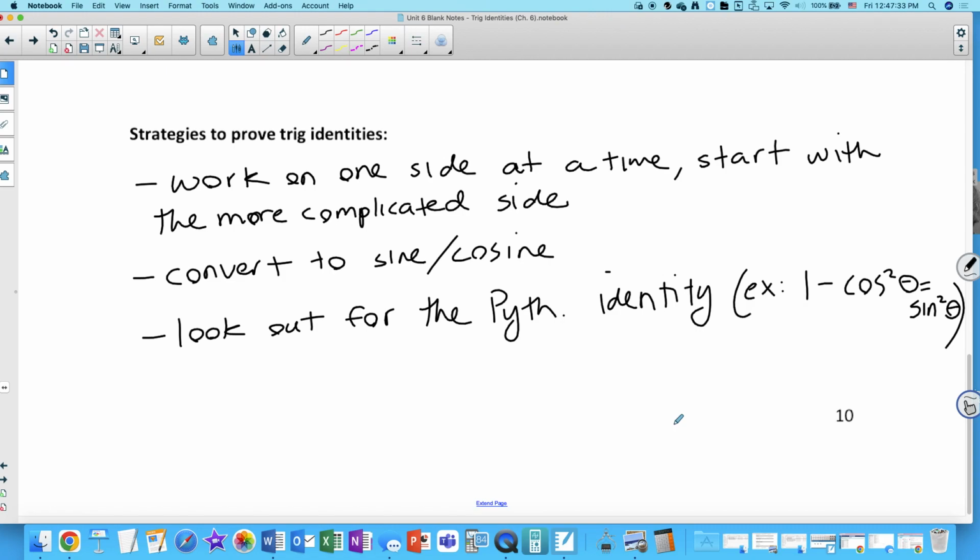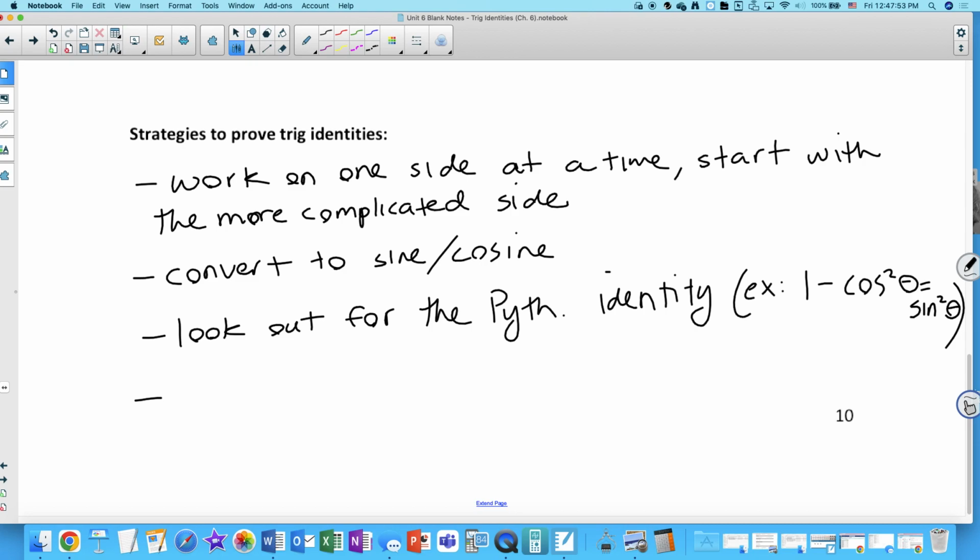And then the other thing is if you see any double angles, especially if there's a double angle on one side but not the other, use an identity to get out of that double angle situation, right? So like, for example, sine of 2a is equal to 2 sine a cos a. So try and move in that direction, right?